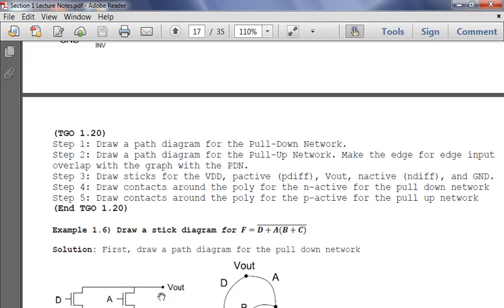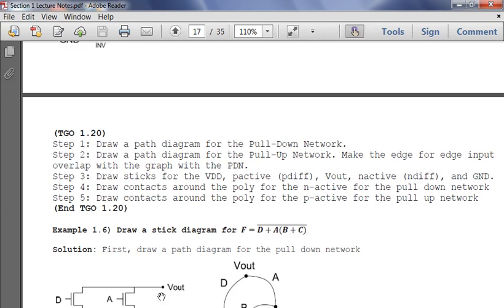Or you could have A here, and then B or C. And then what happens is you can either flow through B here, or you can go around to C. We're going to be drawing that out. So that's to go through A and B to out, or A, C and out.